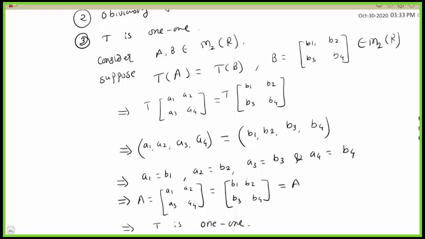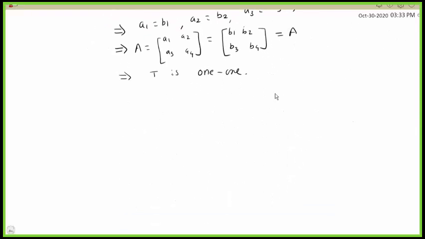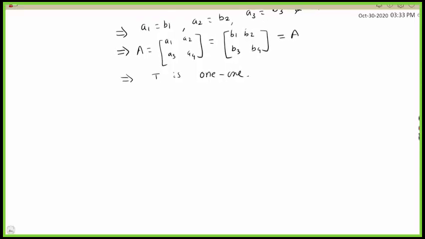Now we have to prove that T is onto. Fourth one, T is onto. How can you prove this T is onto? Let (x1, x2, x3, x4) belonging to R4 be any vector.